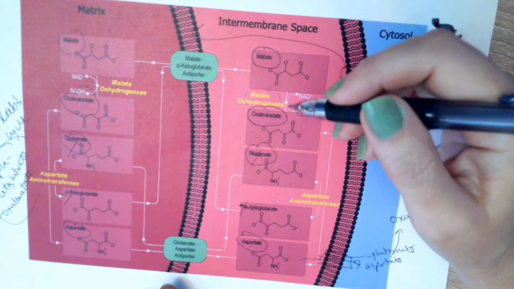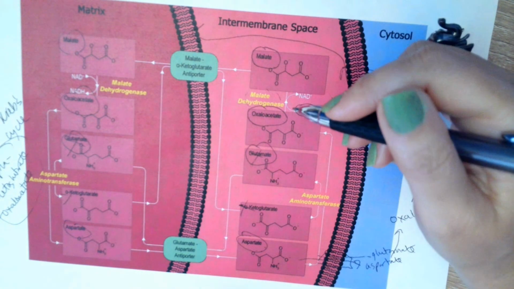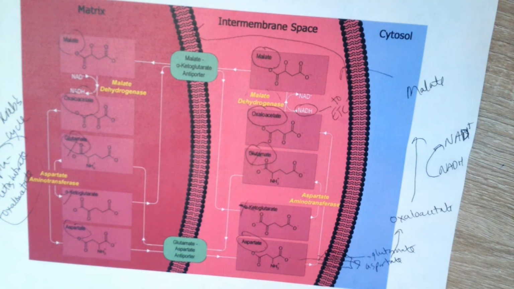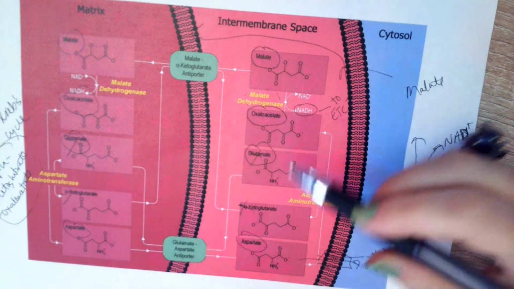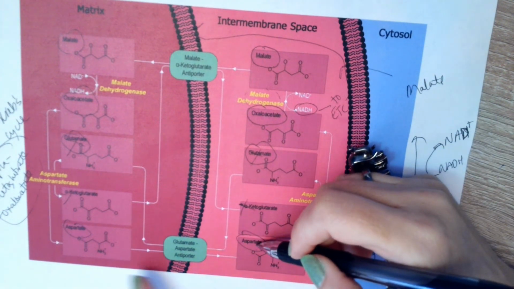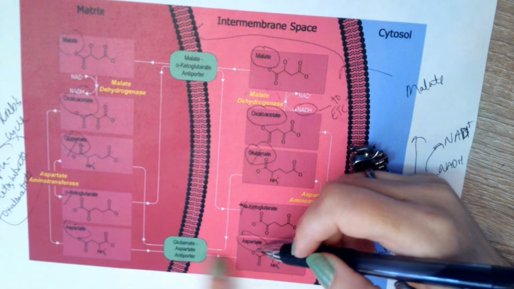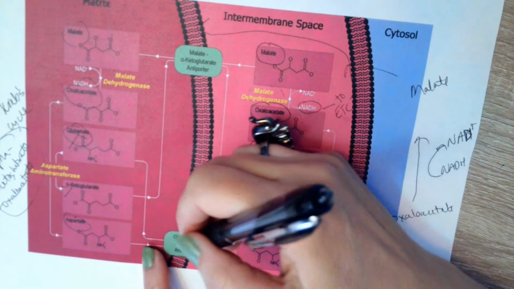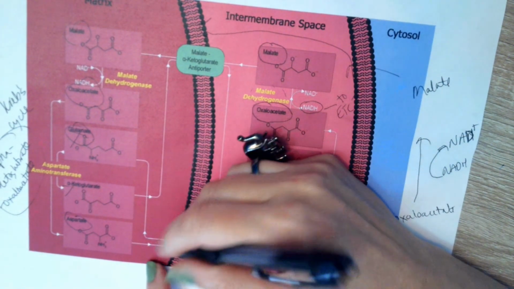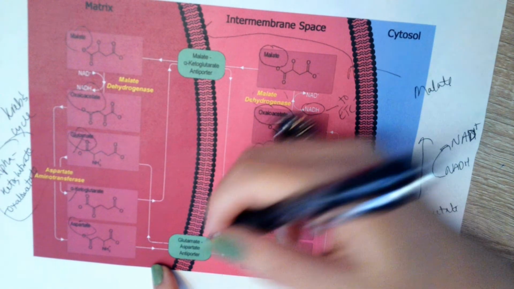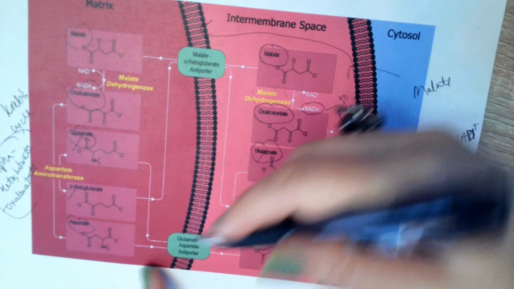It's a cell membrane with the same process of getting those things across the membrane. So aspartate being antiported with glutamate, so moving across the inner mitochondrial membrane, just like we did on the outer mitochondrial membrane, same thing.